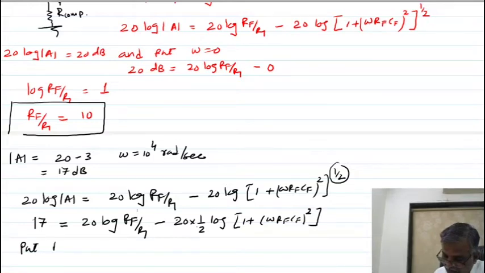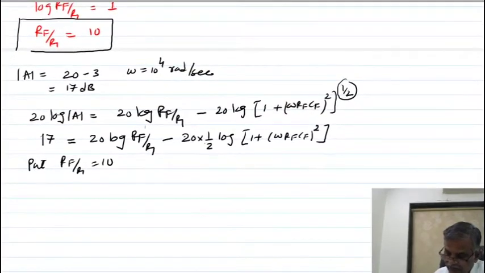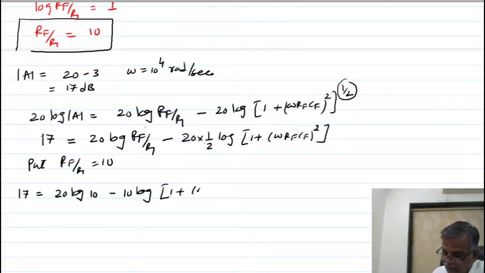Put Rf by R1 is equal to 10. So this is 17 equals 20 log 10 minus 10 log of 1 plus omega Rf Cf whole square.